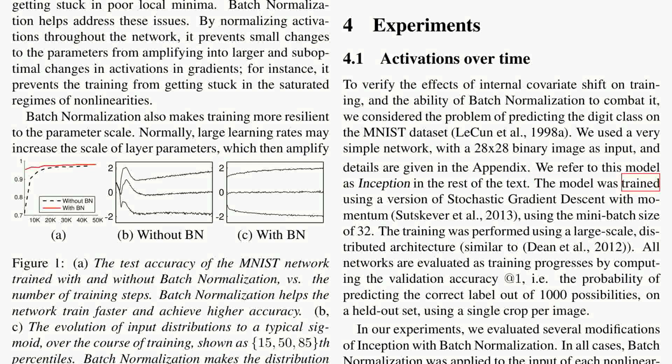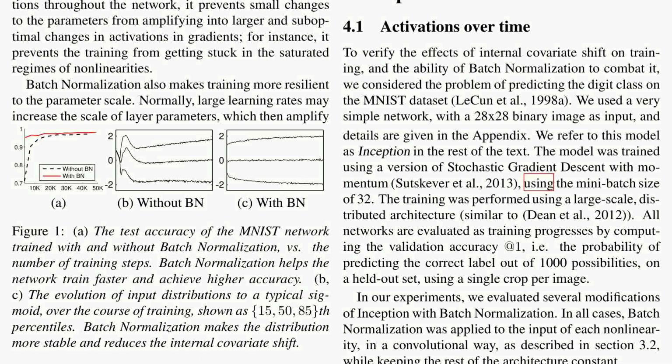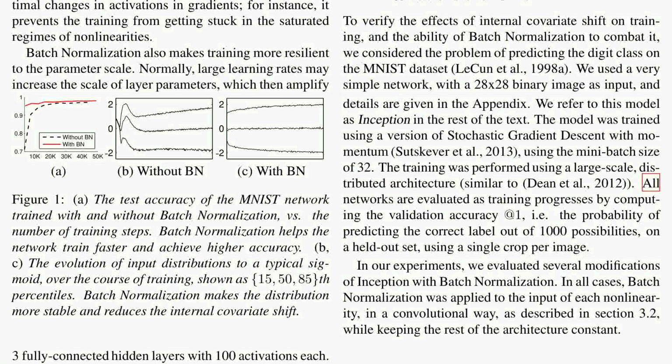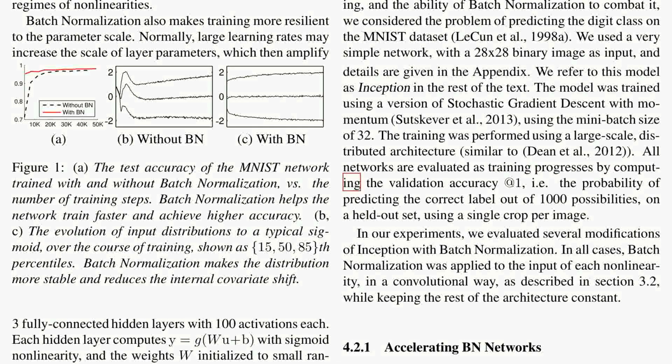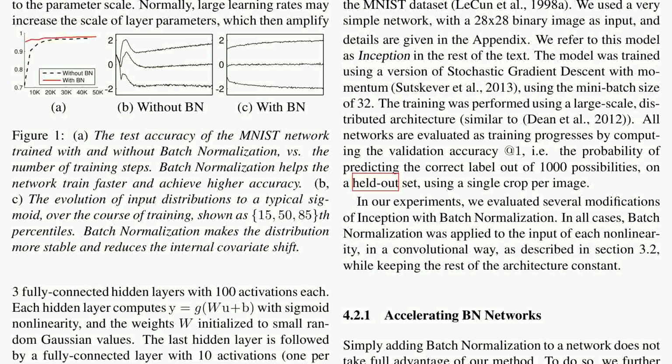The model was trained using a version of stochastic gradient descent with momentum, using the mini-batch size of 32. The training was performed using a large-scale, distributed architecture. All networks are evaluated as training progresses by computing the validation accuracy @1, i.e. the probability of predicting the correct label out of 1,000 possibilities on a held-out set, using a single crop per image.